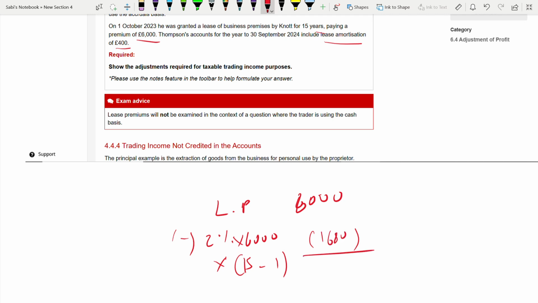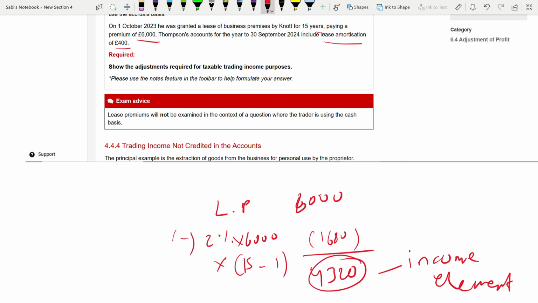So if you take the capital element out of the gross premium, 4320. This is your income element. 4320. Okay, so this 4320 will be divided over 15 years.